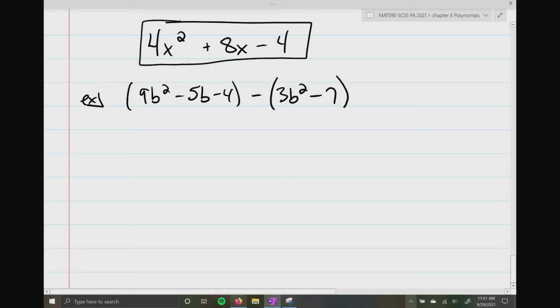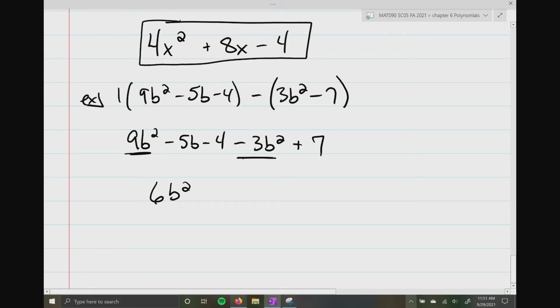So remember, for the first trinomial, there is a 1 out front. So we're going to distribute. For the second binomial, let's make sure we distribute appropriately. So you're going to get -3b squared plus 7. And now it's just a matter of combining like terms. 9 minus 3 is 6b to the second.